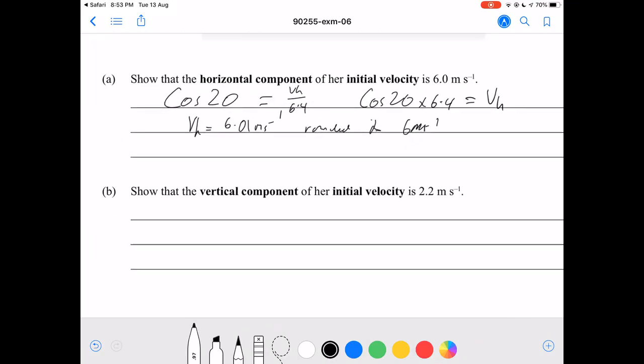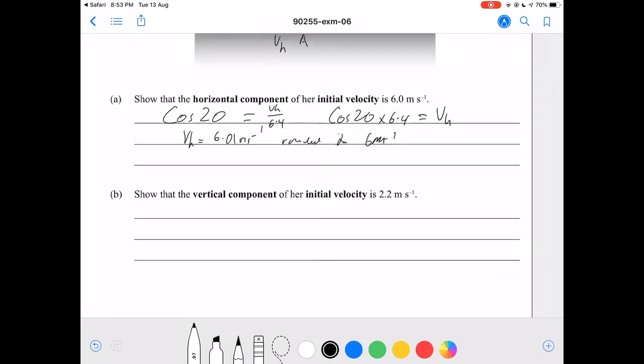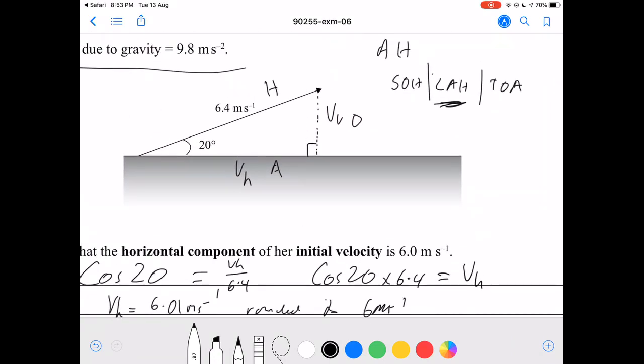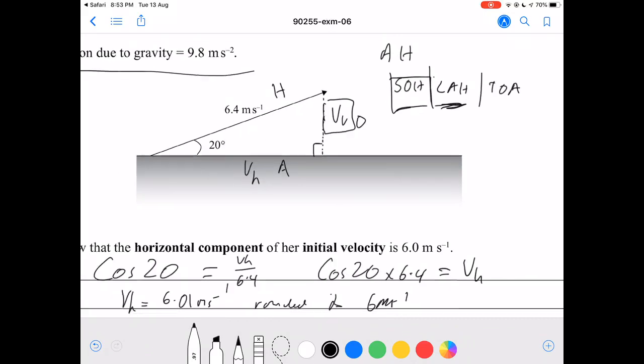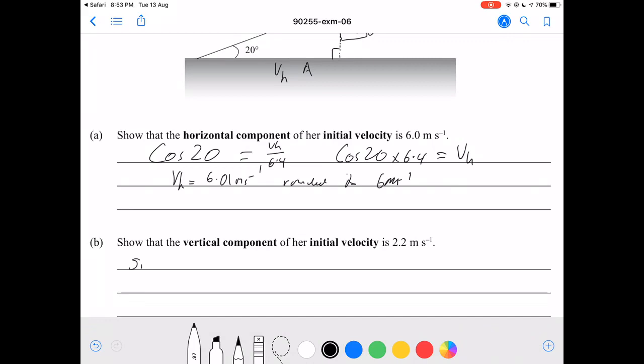And for a vertical component of the velocity, it's basically the same thing but using a different rule. Okay. So this time, we need to find our V vertical, okay? So that's our opposite side, and we have our hypotenuse. So what involves both O and H? SOH, CAH, or TOA. As you can see, the SOH rule has O and H, so we're going to be using the sine rule in this case. So we're going to say that sine of 20 equals O over H, so O, which is our VV, over 6.4.